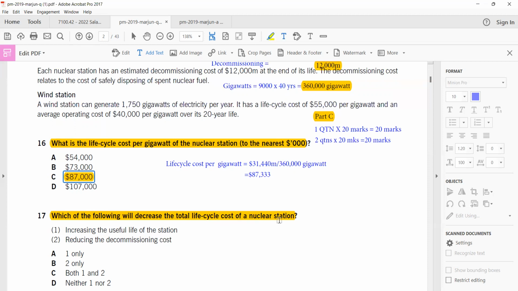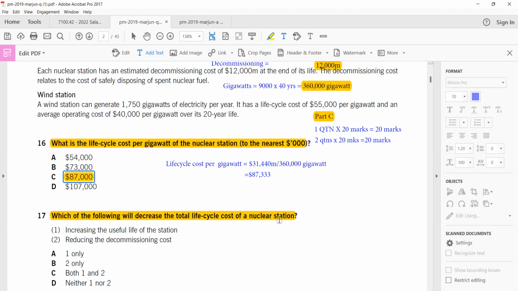Here, there's no calculation to be done. One, increasing the useful life of the station. Two, reducing the decommissioning cost. Answer A says 1 only, B says 2 only, C says both 1 and 2, D says neither 1 nor 2. Okay, I'll go for B.